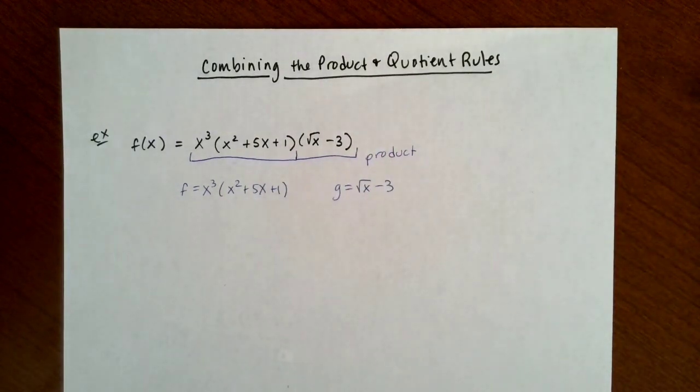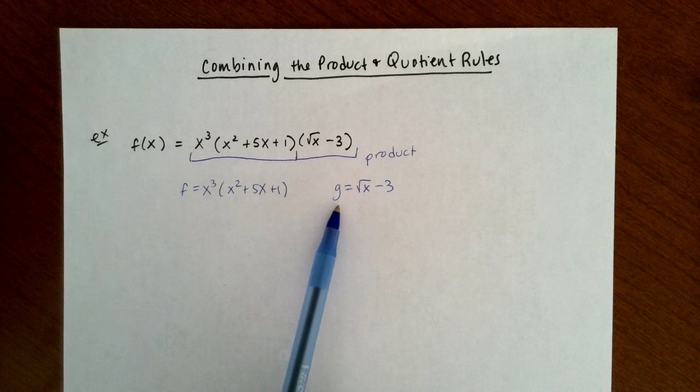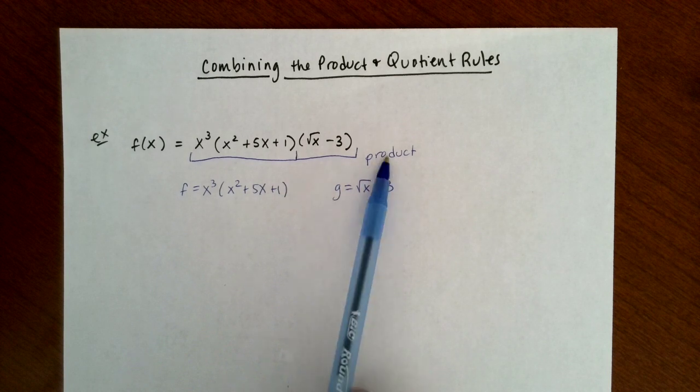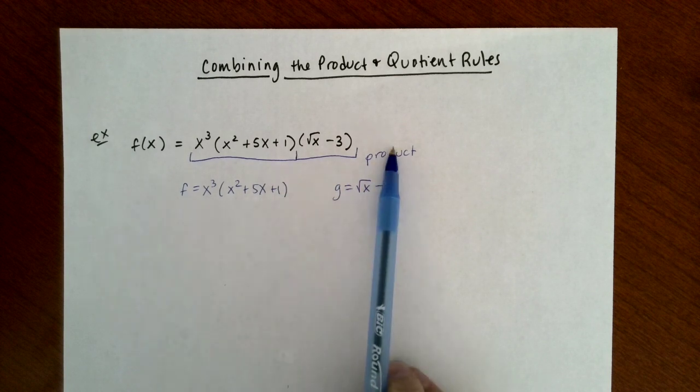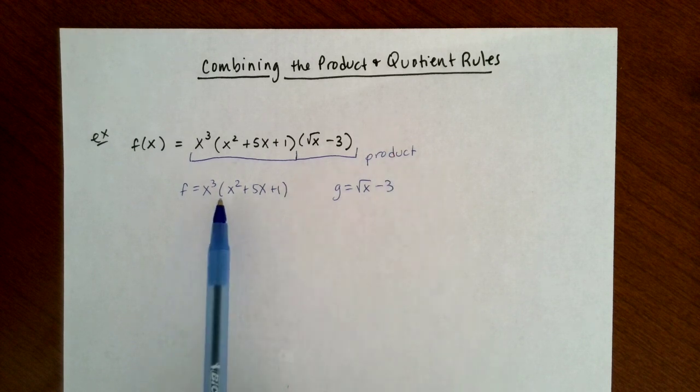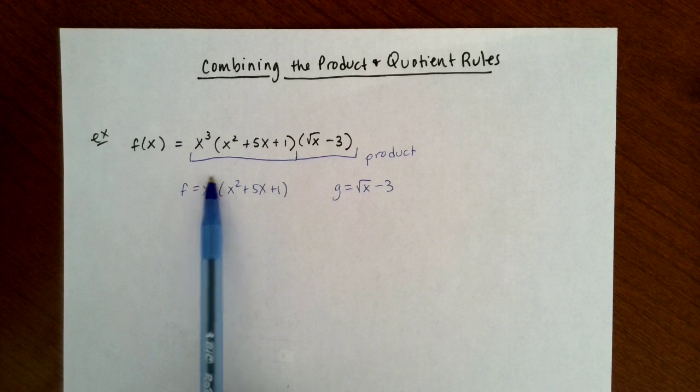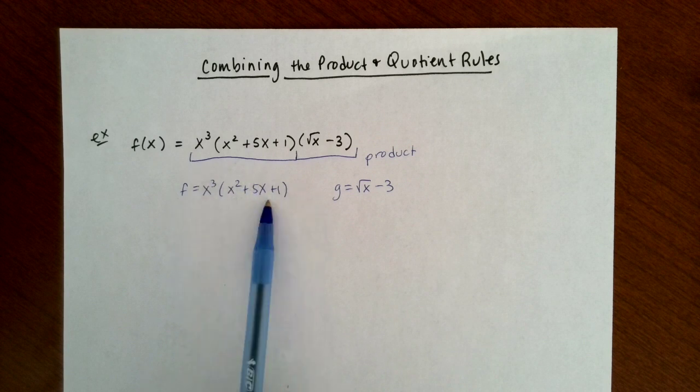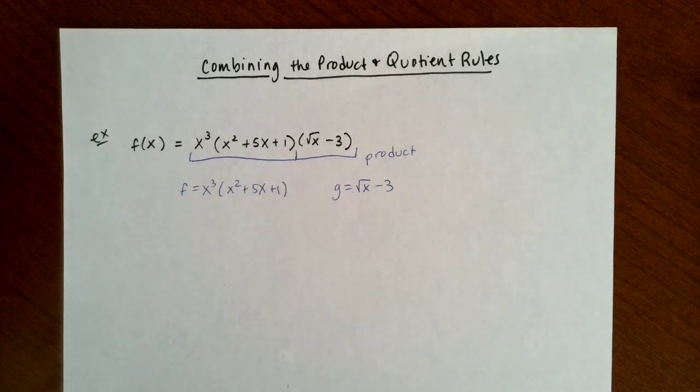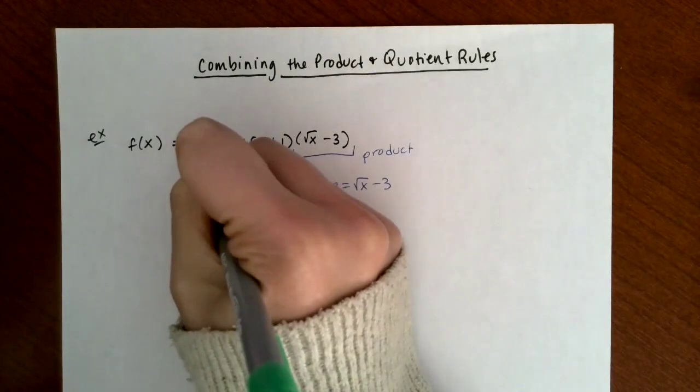So for each of these, I'll need blue f prime and blue g prime. And then once I have them, I'll put them together in the product rule, which is f prime g plus g prime f. All right, so we need f prime. And we say, oh, well, this is something times something else, so I'm going to use the product rule for its derivative.